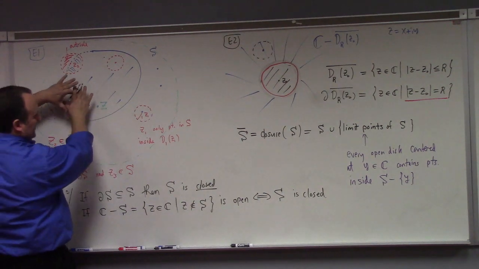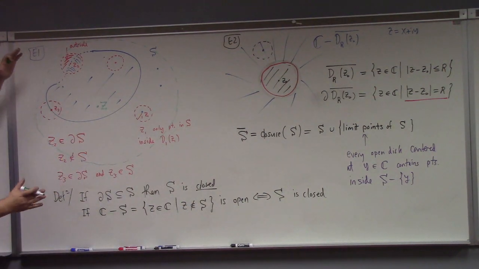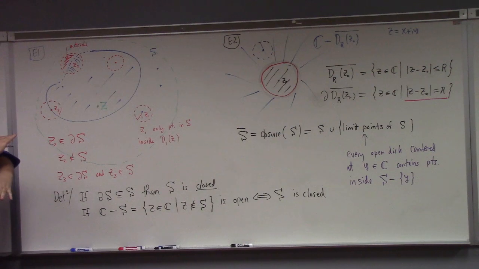See the big disk centered at Z? It contains everything in S. Therefore, S is bounded. To say a set is bounded in the complex plane just means you can find a sufficiently large disk that you fit your whole set inside. It's just a fancy way of saying the set is finite. It doesn't go on forever, all right?